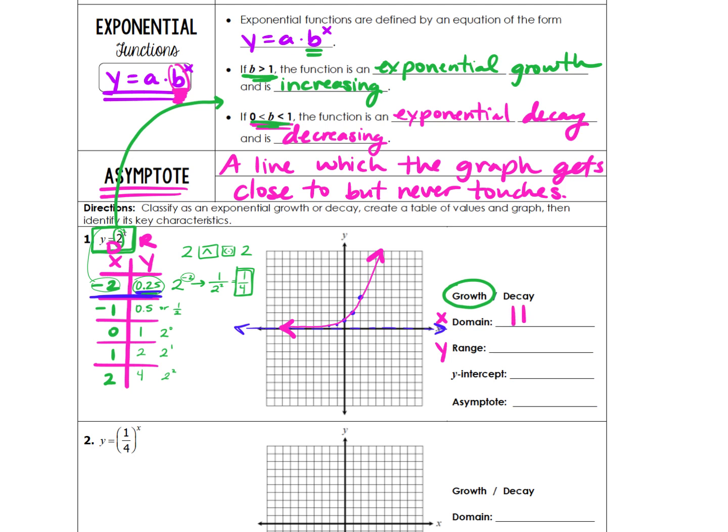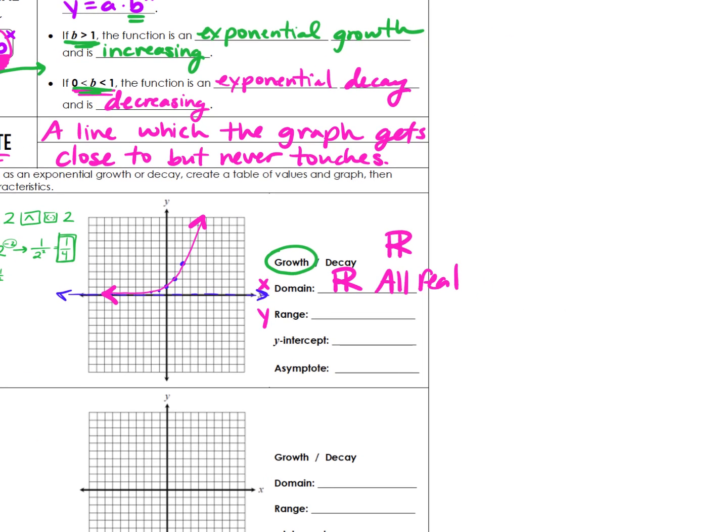So your domain on every single one of these will be all real numbers. Remember that one? We did the R. So it's the double with the R, or you may write all real numbers. Okay, but if you want to write the R, that's fine. So the domain on every single one of these problems, free point for you, is always all real numbers because you can plug anything in for x.